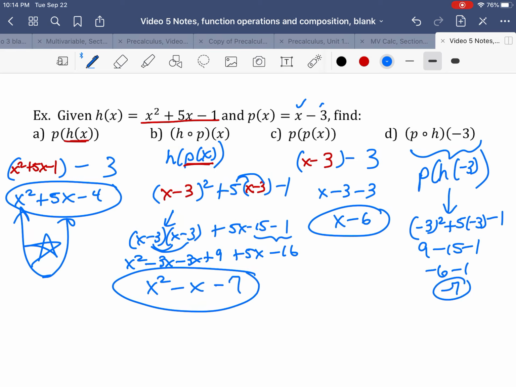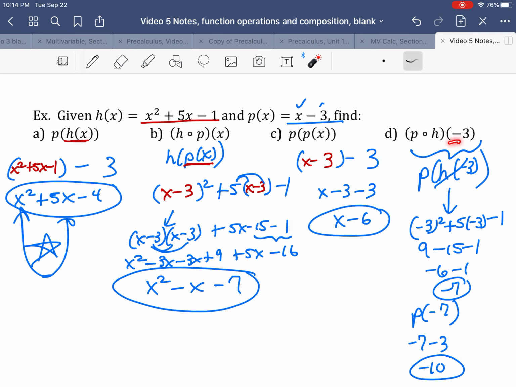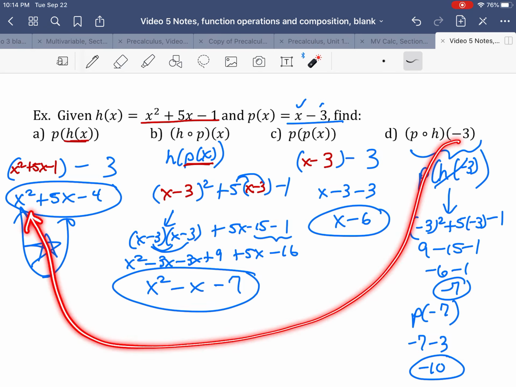All right, and then I have, now that I know that this is negative 7, I'm going to do p of that number, negative 7. So I'm going to plug negative 7 into here. So negative 7 minus 3, that would be negative 10. And there's my answer, which is the same thing I should get if I would have plugged negative 3 into this guy over here. So let's check it out.